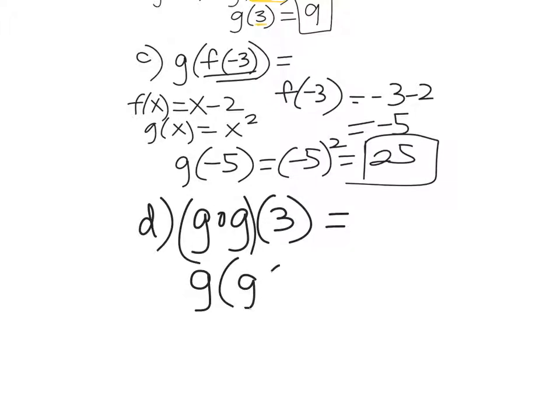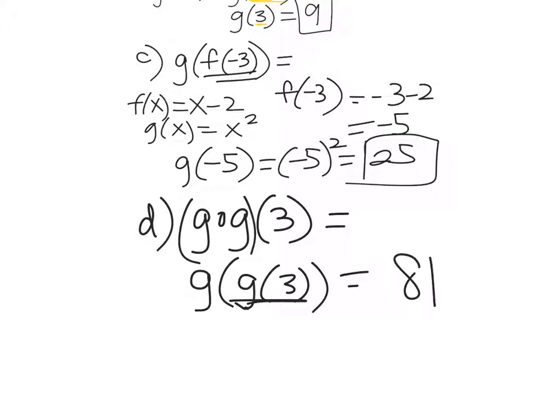So you can rewrite it like this, and that might make a little more sense to you to see what you're doing. You're plugging in 3 into function g. You're going to get an output, and then you're plugging it back into function g. It's almost like you're washing your clothes twice, but then you're done. Okay, so 3 goes into function g, and g squares it to give you what, 9? 9 goes back into function g, and it squares that, and you get?